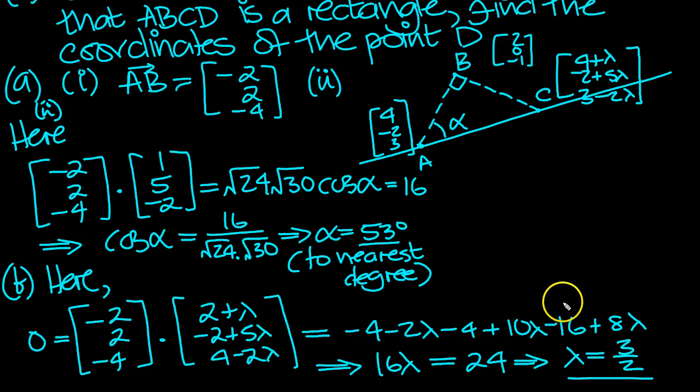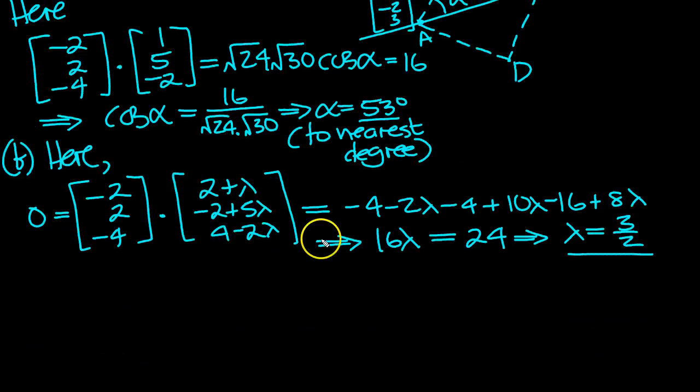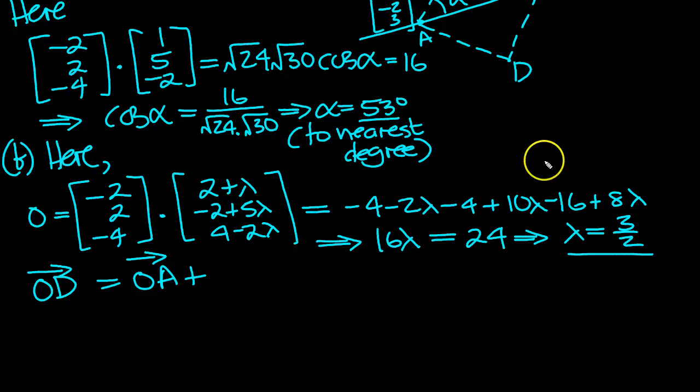Okay, so this is the vector BC, with lambda 3 over 2. So we need to find the coordinates of D, which if we do the picture, there's D. If we go from O to A, and then along this vector here, we'll get down to D. So OD as a vector is equal to OA, get to A, and then add on this direction, which is exactly the same as BC.